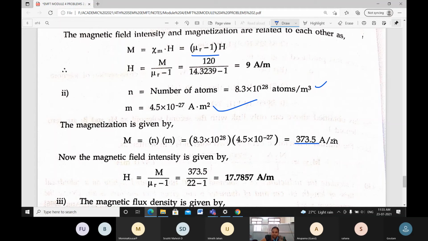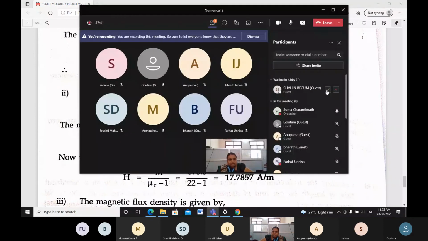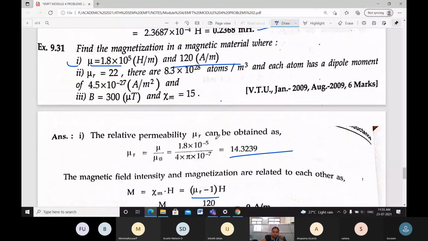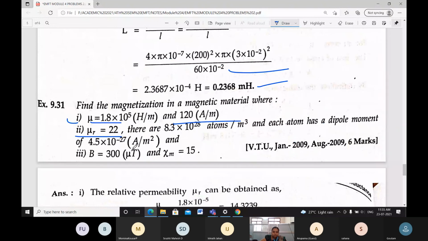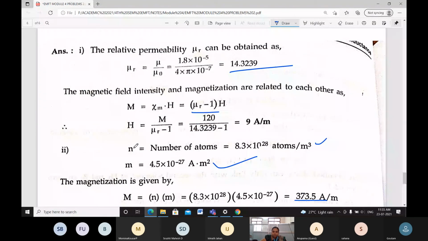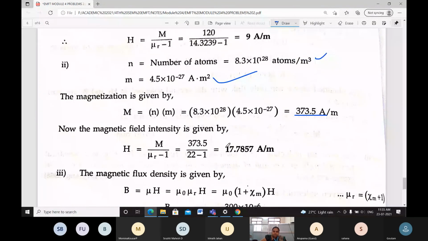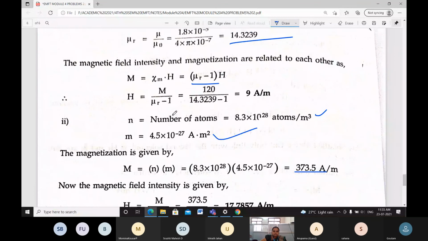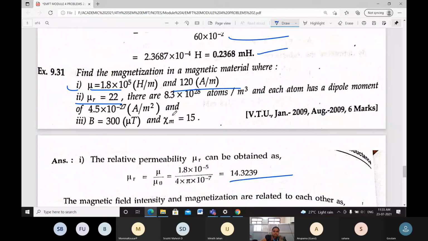Here the M value will be changing, 373.5 divided by 22 minus 1. In this case, the mu r is given as 22. Go with the question, then we go on substituting the values. Then you will be getting 17.7857 amperes per meter.